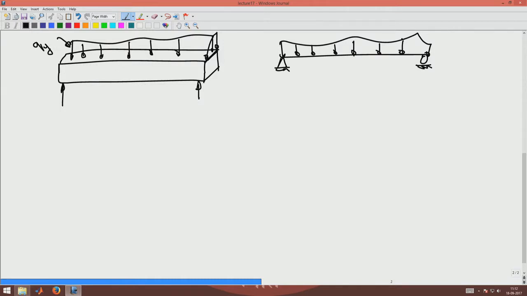In particular, if you are looking at the stress components, Q of y would be the integral of sigma yy dz.